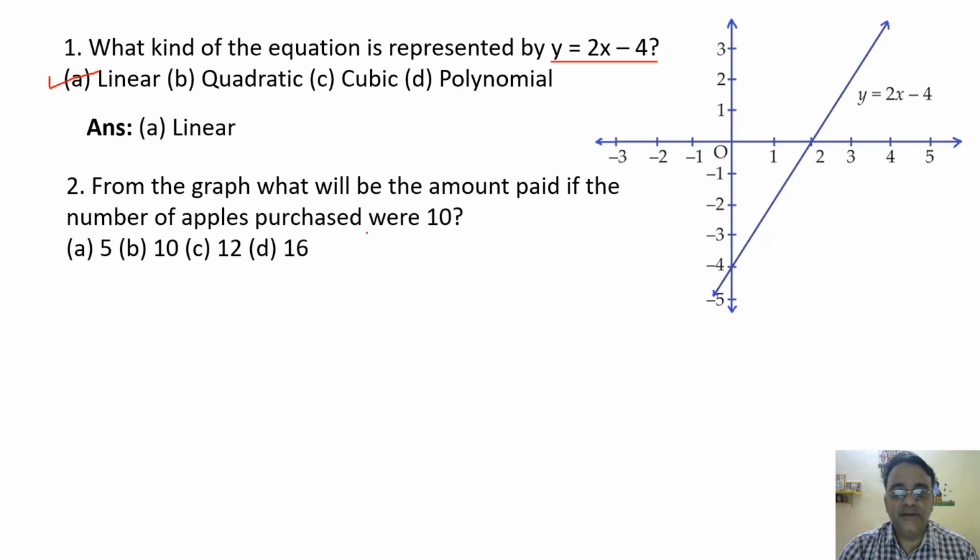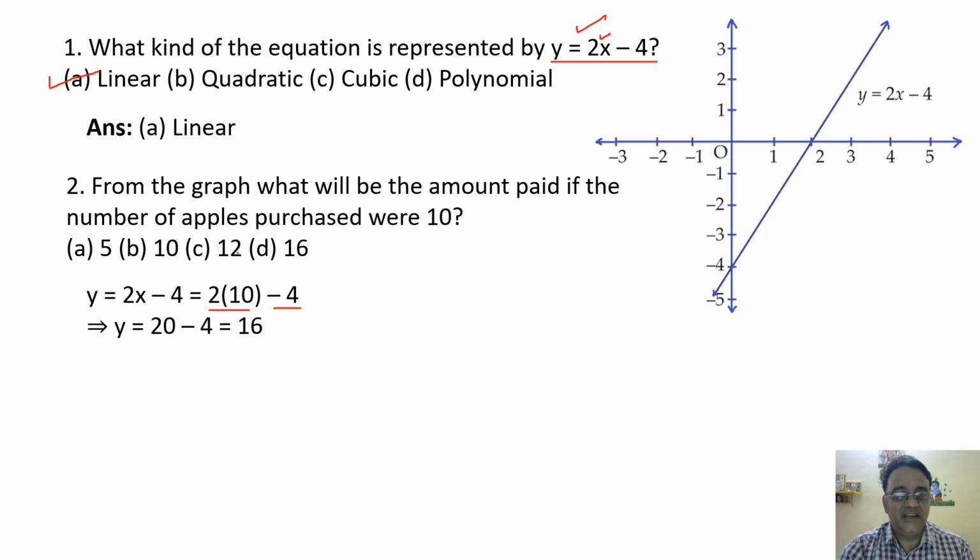Next question, from the graph, what will be the amount paid if the number of apples purchased were 10? So number of apples is denoted by x and the equation is given y is equals to 2x minus 4. तो यहाँ पे हम लोग x का वैल्यू सब्सटीट्यूट करेंगे 10. So that is 20 minus 4, it is 16 and the correct answer is option D.